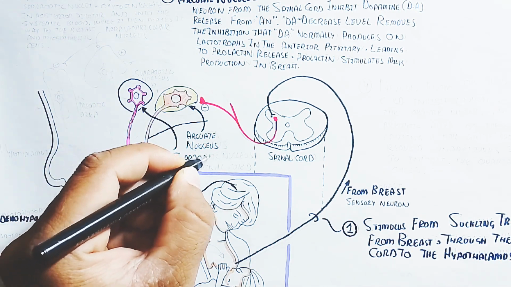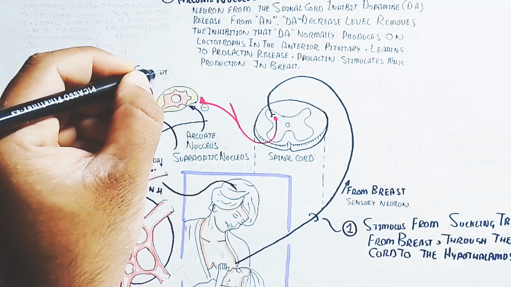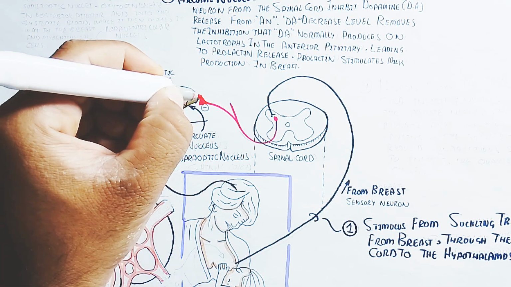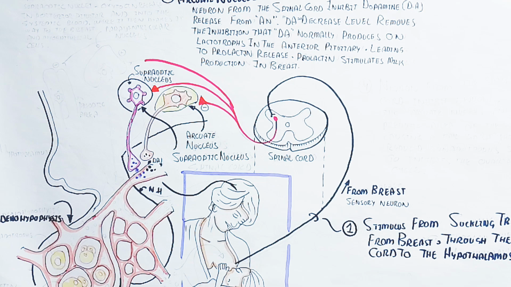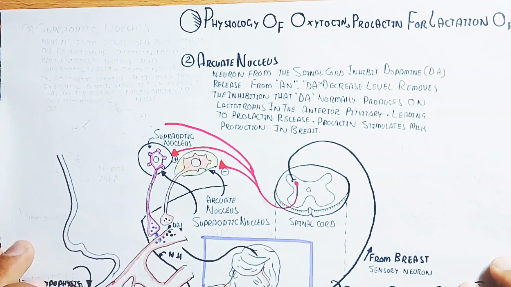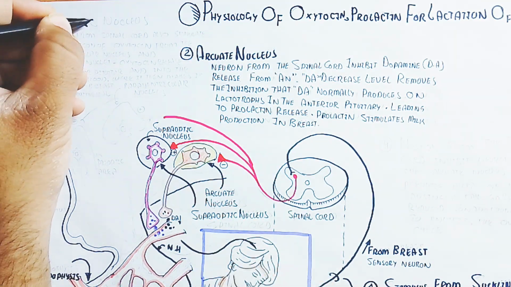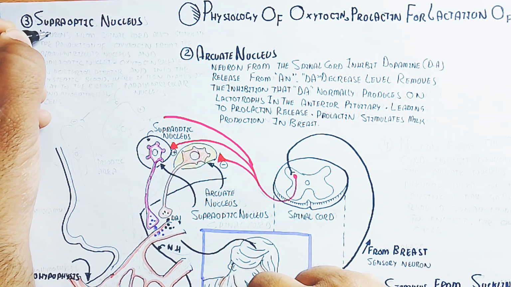The function of the oxytocin is to relax the myoepithelial cells in the breast gland to stimulate and produce milk. The supraoptic nuclei is responsible for the production of oxytocin, which is poured directly into the blood and moves directly to the mammary gland.